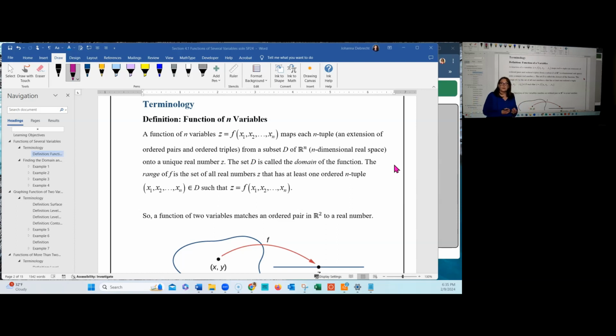Now, in our case, we're mostly going to deal with subsets of R2 and R3. So we will be looking at functions of two variables, which exist in three-dimensional space, and functions of three independent variables, which exist in four-dimensional space. This set D is called the domain of the function. It could be all of R2 or all of R3.